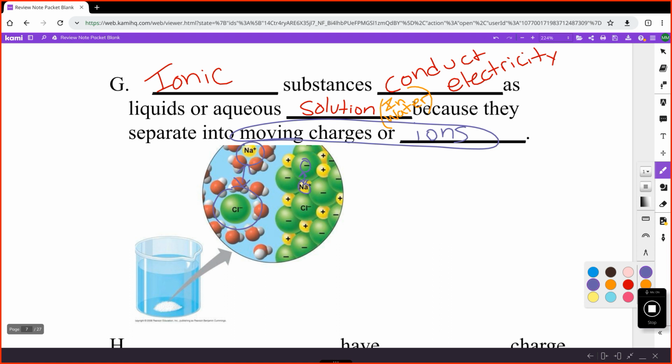With this great distance between them, electricity can be conducted. And that's why a solid brick of salt does not conduct, but a liquid or aqueous one does.